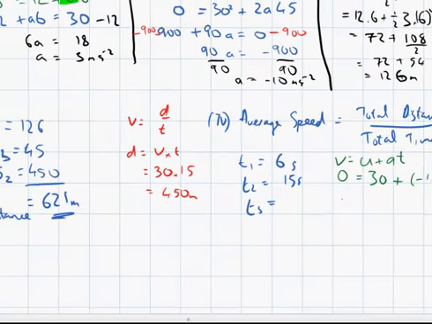Now I'd always write this again. I know it's a bit laborious. 10T is equal to 10T plus 30 is equal to 0. Bring over the plus 30, or subtract 30 from both sides, which is the way I like to think about it. So minus 30 on that side, minus 30 on that side, minus 30 and plus 30 cancel, and you get minus 10t is equal to minus 30.